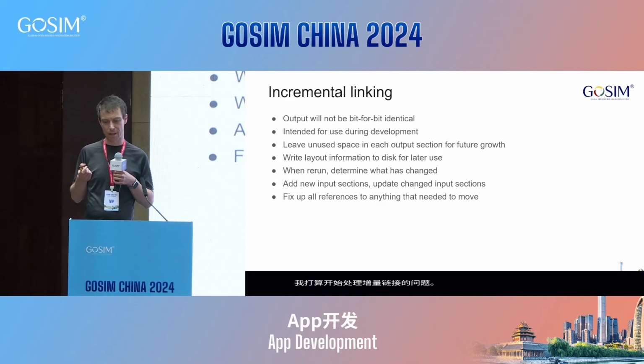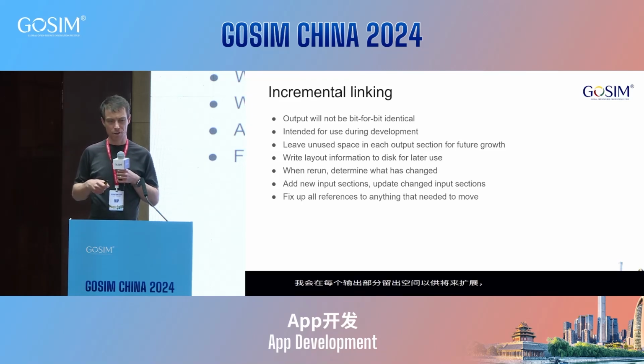So if a section doesn't fit because you've added some extra code and it's grown, then we would need to put that section in a new location in the output. If that's the case, we would then need to fix up references to symbols in that section. So that means that we need to know where everything came from. So we'll need a reverse index, an index of what references what, so that we can fix up those references.